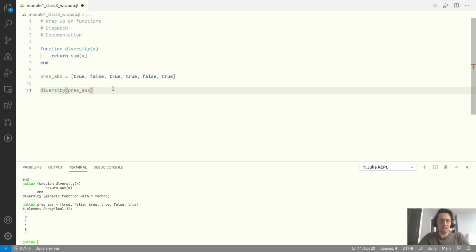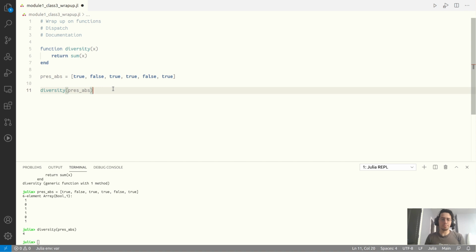That's good. And if we run diversity on that, it is going to make the sum of this. Because Boolean values correspond to the value 0 or 1, we know that the sum is going to be 4. Okay, that's good. So we have declared a method for a function called diversity.